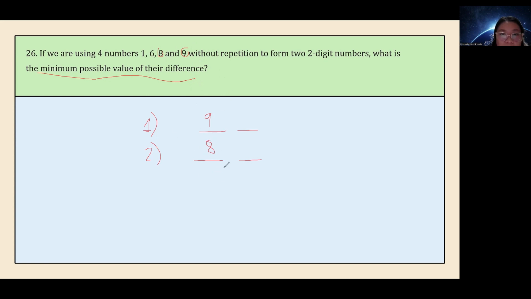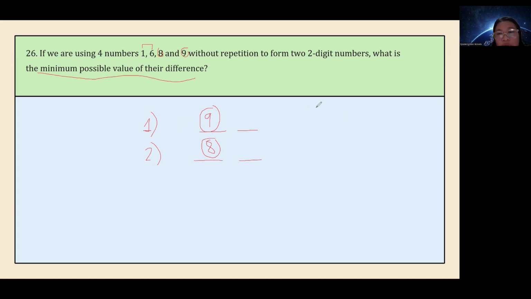Next, we are left with 1 and 6. Okay, so the question is, where can we put 1 and 6? Automatically, the one with the higher tens digit is the higher number, right? So we want the higher number to be as close to the second number as possible.